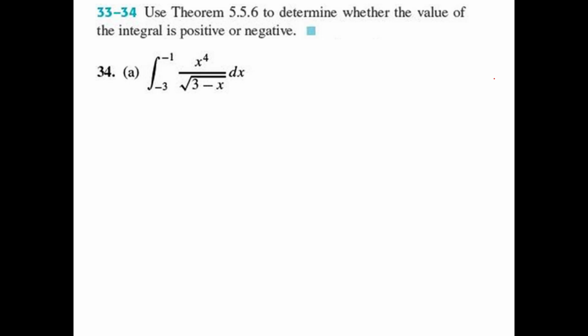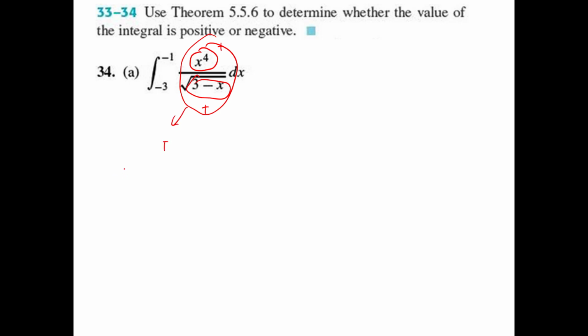And so use theorem 5.5.6 to determine whether the value of the integral is positive or negative, right? So you should see that this expression is always positive. And over the interval from negative 3 to 1, 3 minus a negative number is going to be a positive number. And so this expression here is always positive.